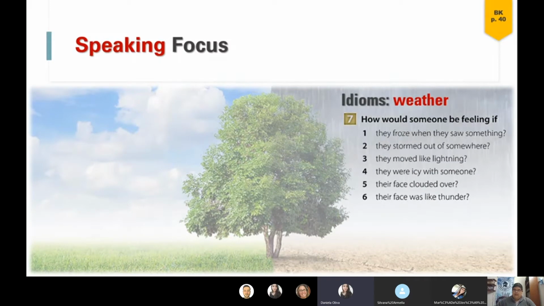Okay. Well, then I want you to think about another example. What about number 3? How would someone be feeling if they moved like lightning? Quickly. Yes, very quickly. When you move like lightning is to move very quickly. And then 4, they were icy with someone.